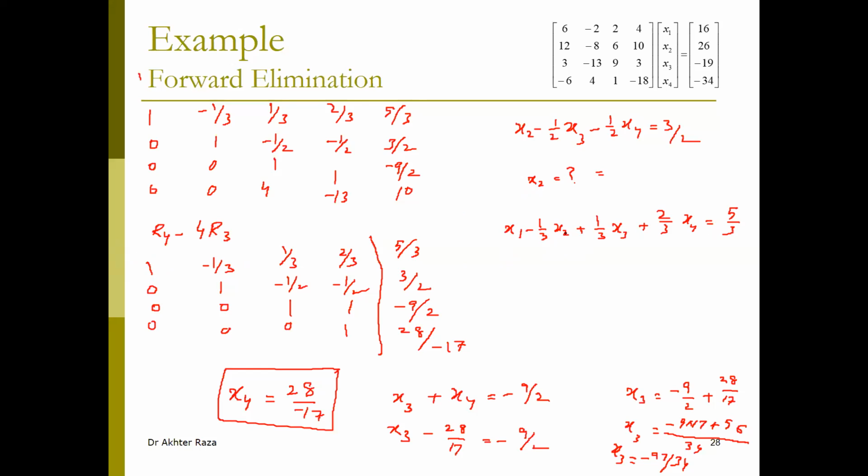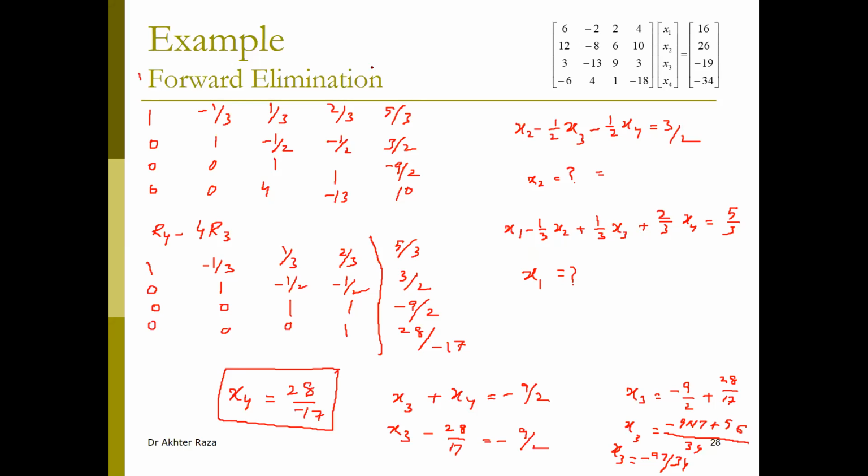Now put all of the x2, x3 and x4 into this equation, you will get x1. So the value of x1 will be obtained in this way. So this method is known as the backward substitution. And the first step was known as forward elimination.